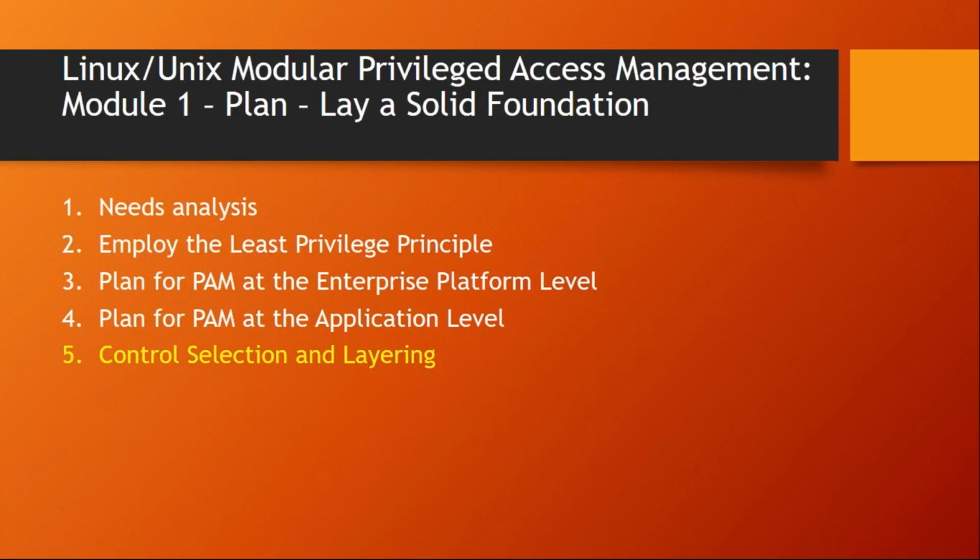So some partitioning can take place. As a matter of fact, not only should it take place, it's necessary to keep those administrative duties and information processes separate. That's what we want to have. So for us to achieve a layered security in our management model, you want to consider the value of the information privileged users might be able to access and the potential risk if this information is compromised.